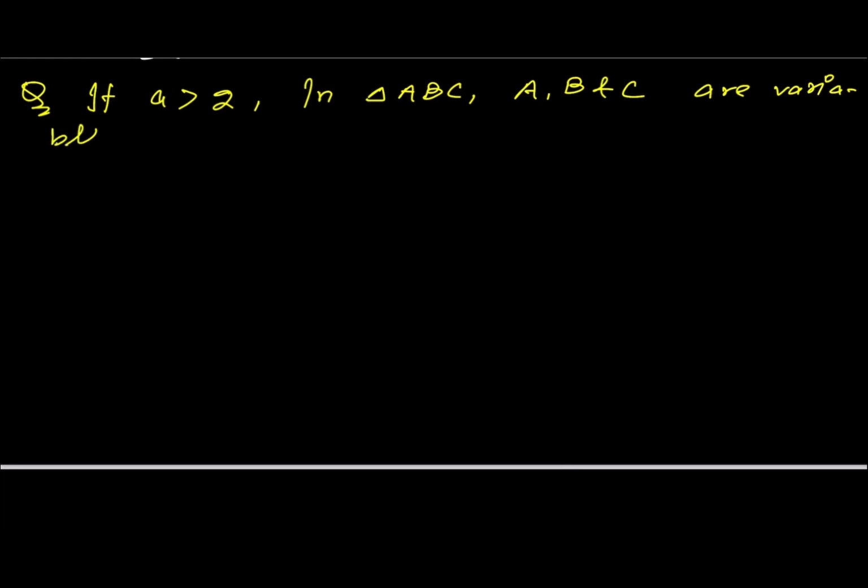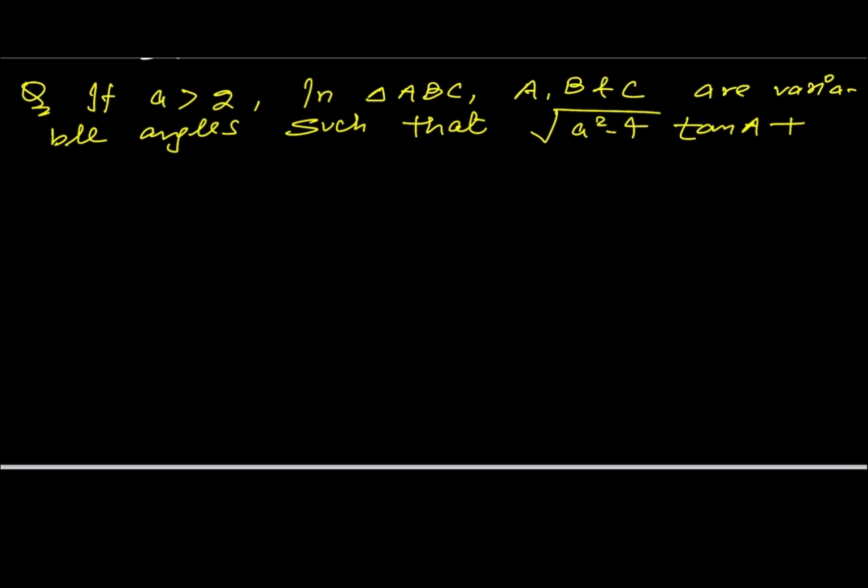Question is, if a is greater than 2, in triangle ABC, A, B and C are variable angles such that root over a square minus 4 into tan A plus a tan B plus root over a square plus 4 into tan C is equal to 6a.